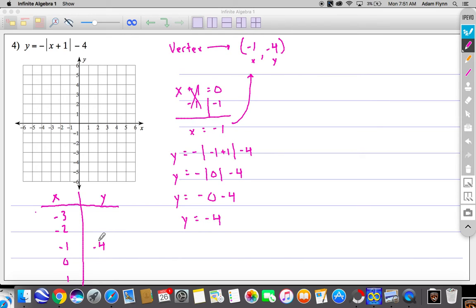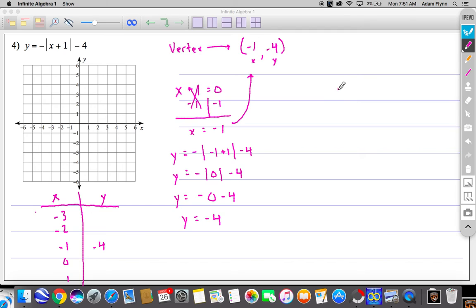Okay? So because my vertex is right in the middle and I plug in x coordinates that are equidistant from the x coordinate of my vertex into this table of values, I can use the axis of symmetry method. Okay? So I'll plug in 0 and 1 just because I think that'll be easier math for me than plugging in negative 3 and negative 2. Maybe less of a chance of making a mistake.